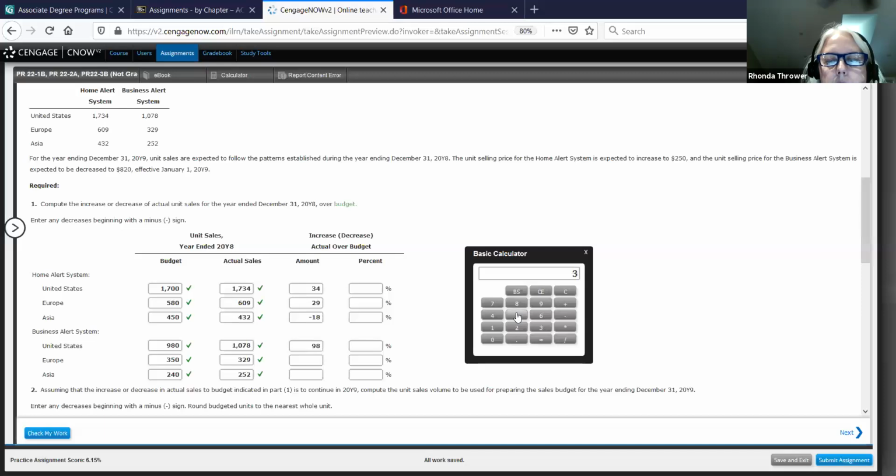So 350 minus 329 is 21, and it was a decrease of 21. So I'm going to put a minus sign in front of this one. And we're going to look at the next one. And this was an increase by 12 units. And so again, it's a good idea to check your work, make sure your math was right.